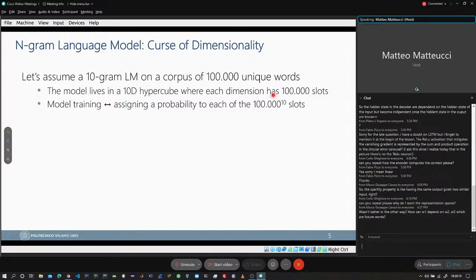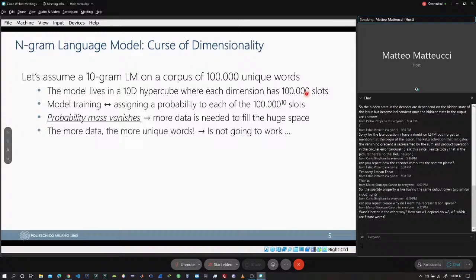Second, once you have this model which has 10,000 to the 10th possible values, you have to learn them. So how much data do you need to estimate all these numbers? Most of these will be empty, not because the space is empty, just because you did not have enough data to train this model.